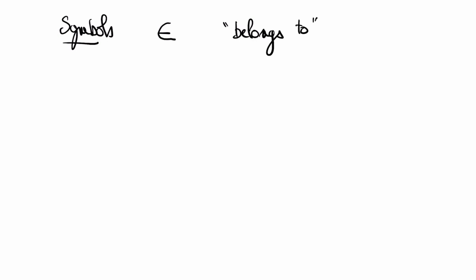Symbols. Now we need to use a few symbols. So the first one to learn is this one, which is a bit rounded, and that means belongs to. So for example, if we talk about the set of real numbers, we can say 5 belongs to R, which means 5 belongs to the set of real numbers.